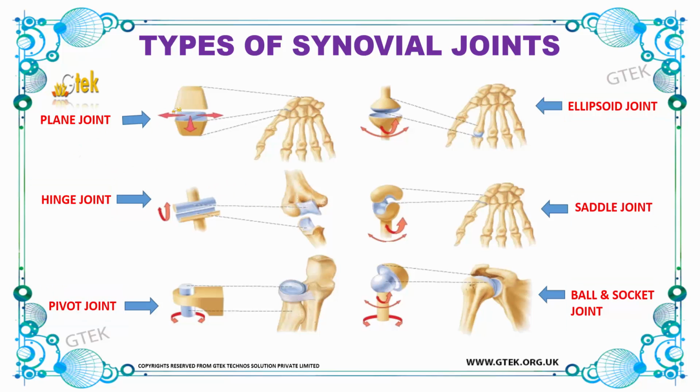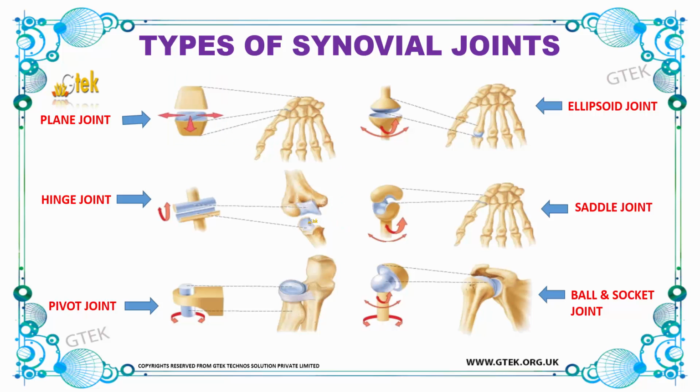If you see in plane joint, we have two bone structures which are joined in a plane. So this happens in our hand, say at this portion. So these portions are enlarged as this. So this is your plane joint.